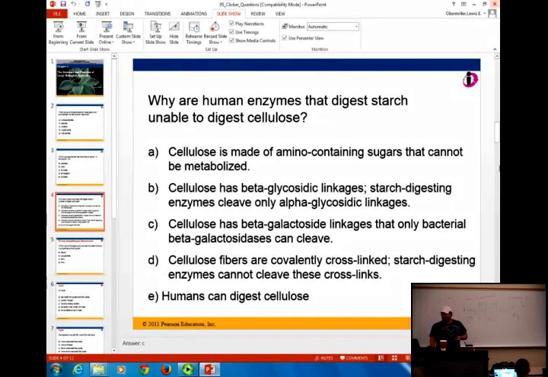So we talked a little bit about this. I mean, I didn't give you the straight up answer, but you should be able to deduce that. What's the difference between things you can digest and things you can't? What do you think?